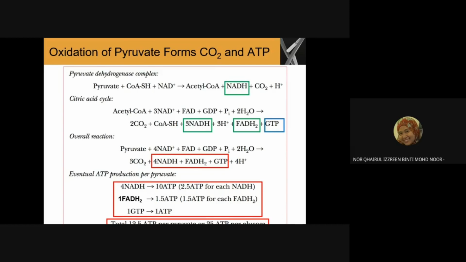So here a total of 12.5 ATP per molecule of pyruvate, or 25 ATP per 1 molecule of glucose, will be produced.